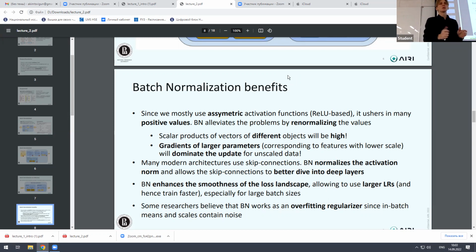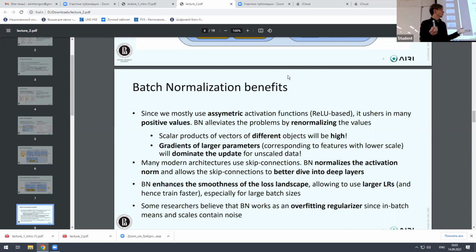The result is that these activations lead to an enormous number of positive values, right? Here are the 2 problems which follow from a large amount of positive values.